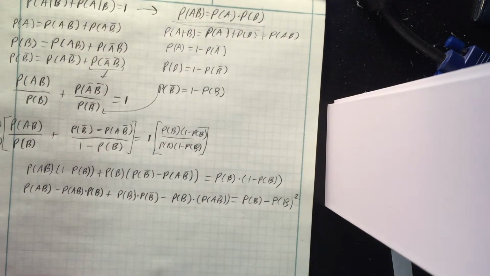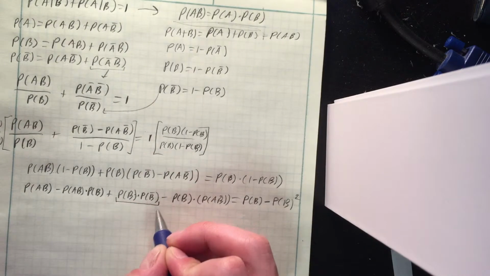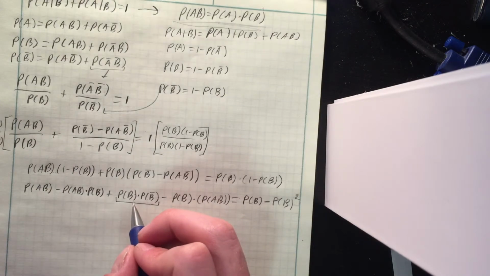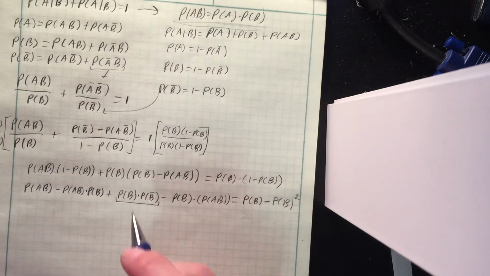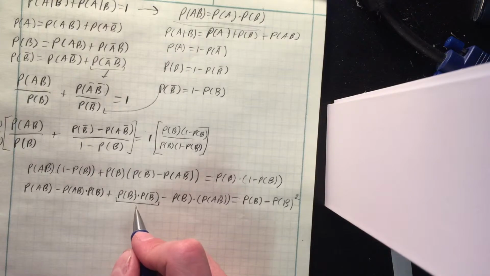Now, how exactly this will shake out is where I'm not sure, because I might make some mistakes here. I believe that the probability of B times the probability of B naught will lead to the null set.